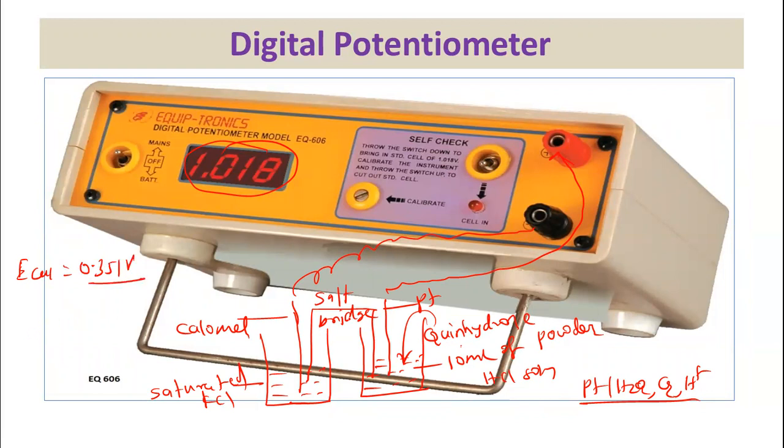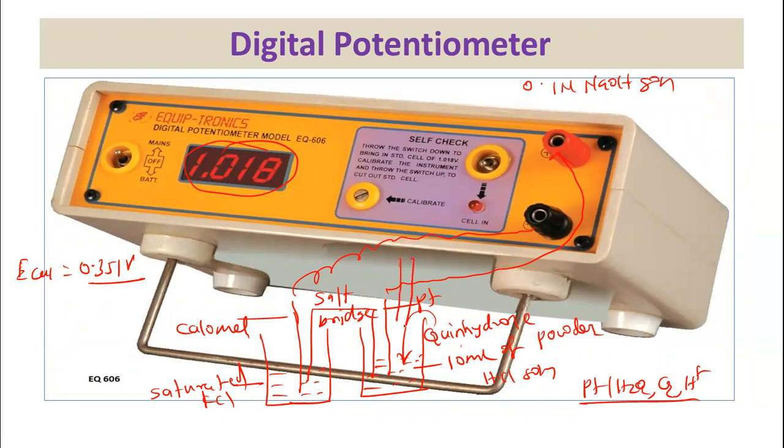Now we have to take the burette here. In that burette, fill the 0.1 normal NaOH solution.